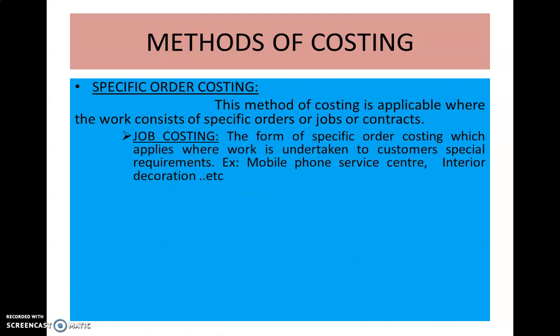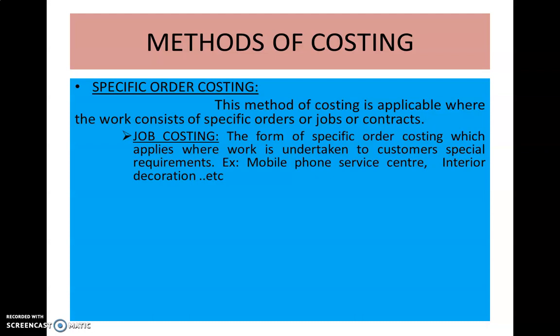Under specific order costing, the next type of costing is called job costing. This is a form of specific order costing which applies where work is undertaken to customers' special requirements. According to ICMA, job costing is a form of specific order costing which applies where work is undertaken to customers' special requirements.